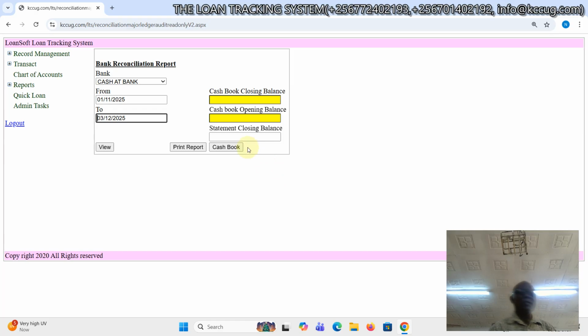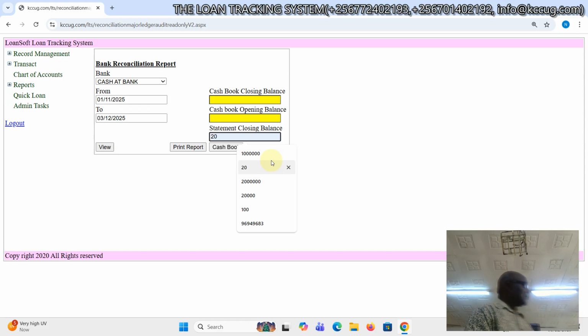Okay. Then here you'll be required to put down the closing balance from the bank statement. Let us assume that the closing balance is 1 million. Write it here. Then click on.